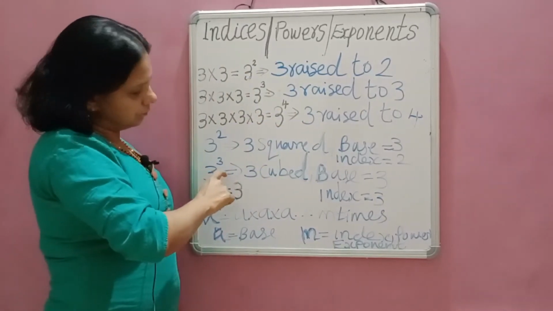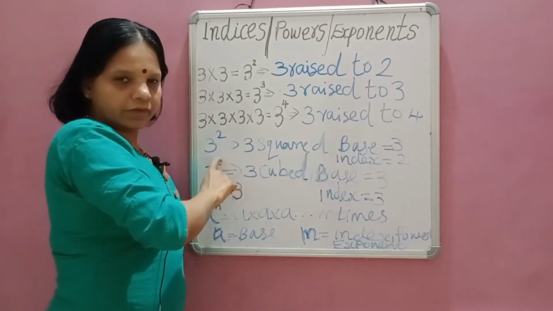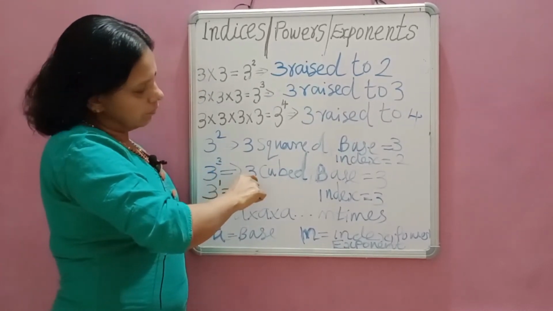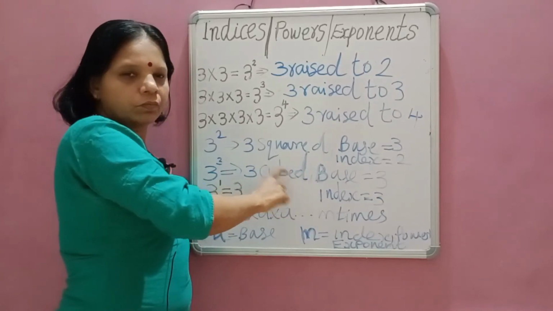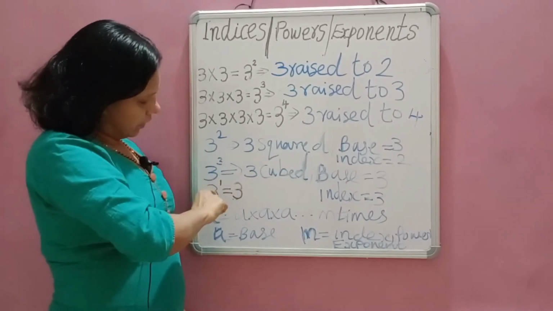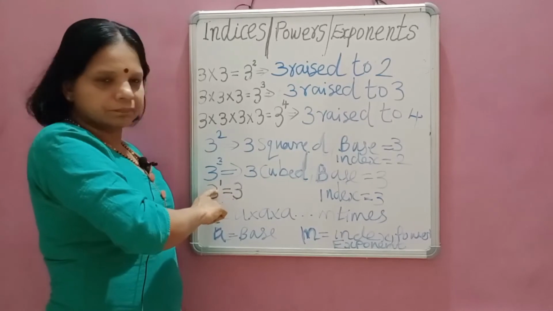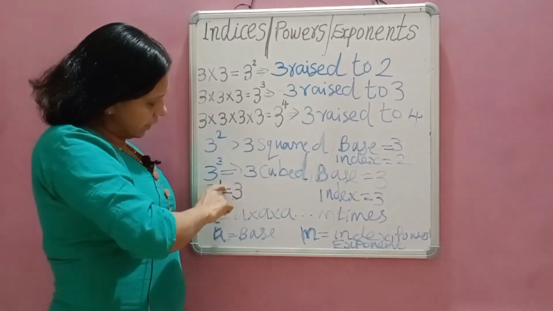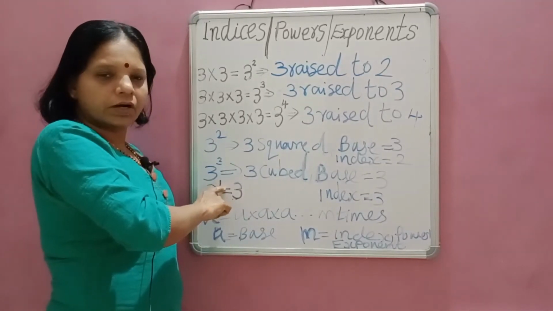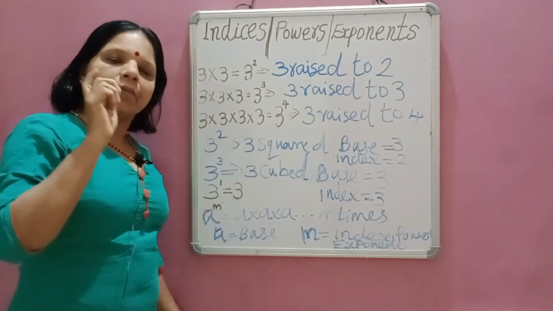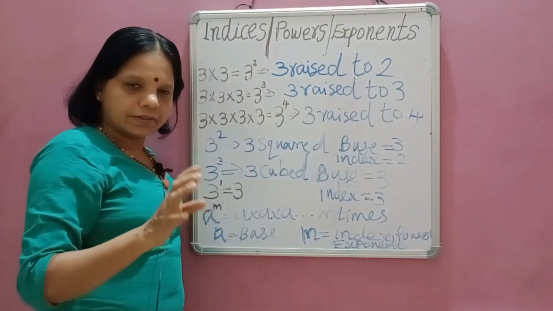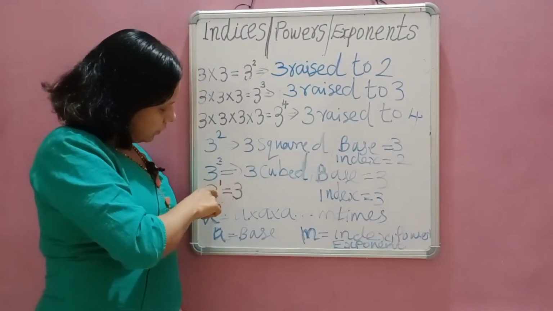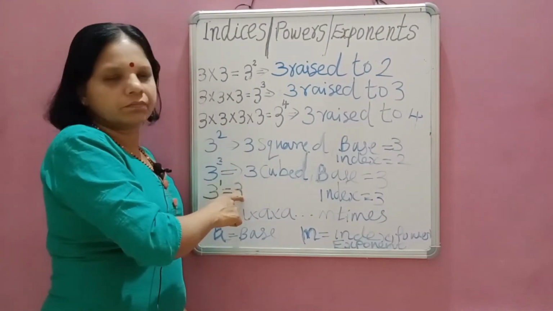Now, 3 cube: when the index is 3, we can write it as 3 cubed or cube of 3. Now look at this example. What index have I written? 1. The base is repeated only one time. So 3 raised to 1 is nothing but 3.